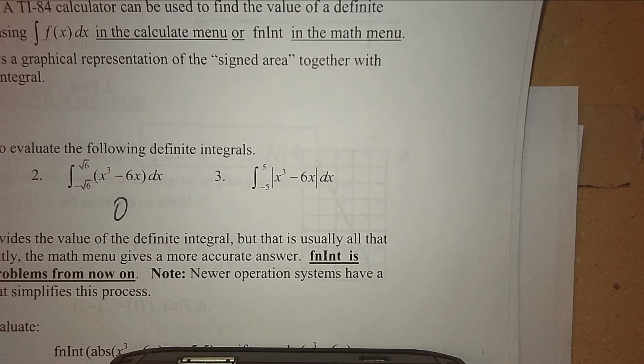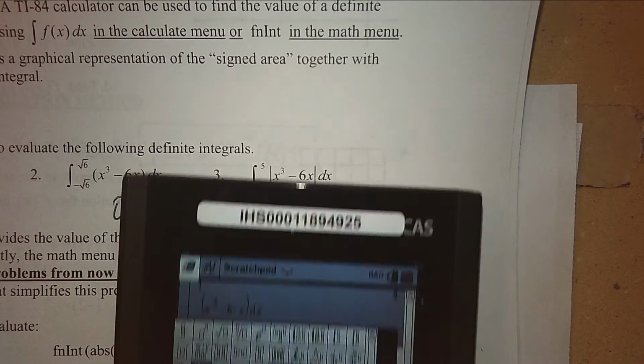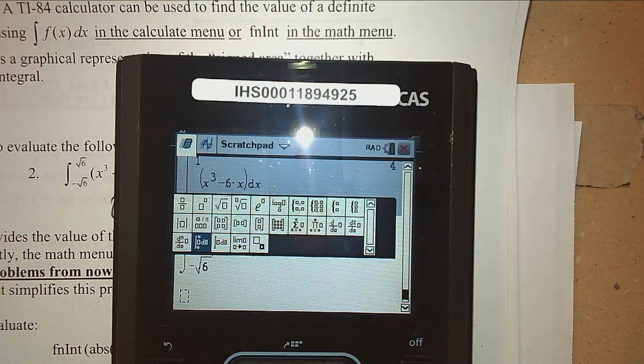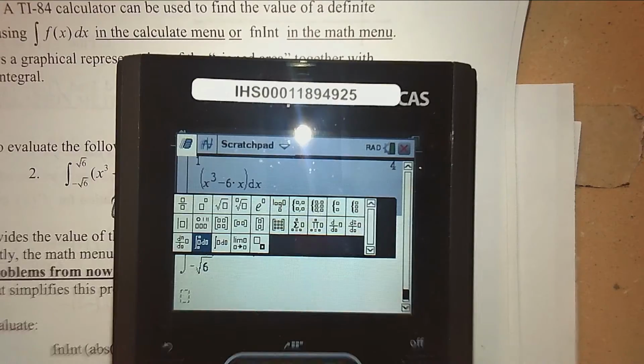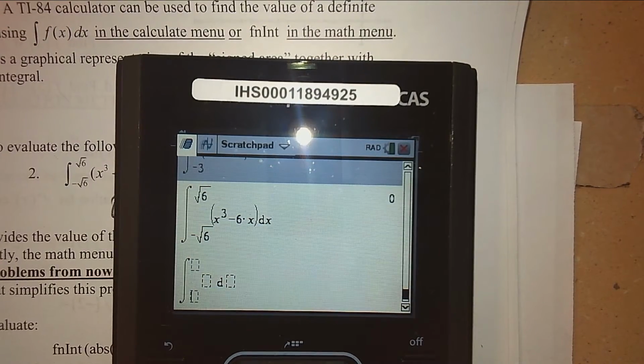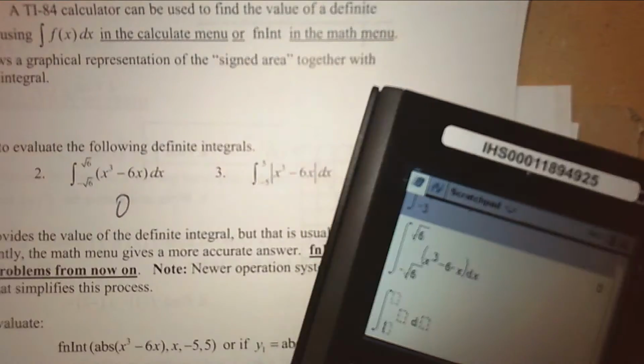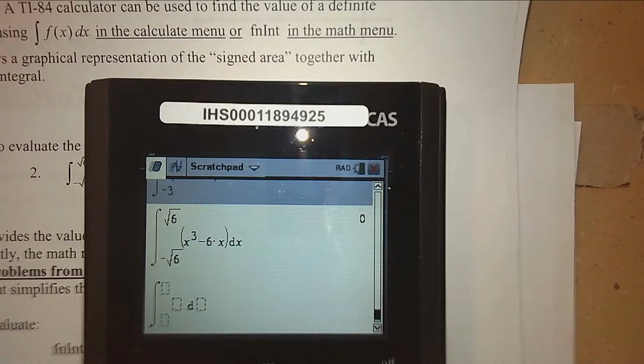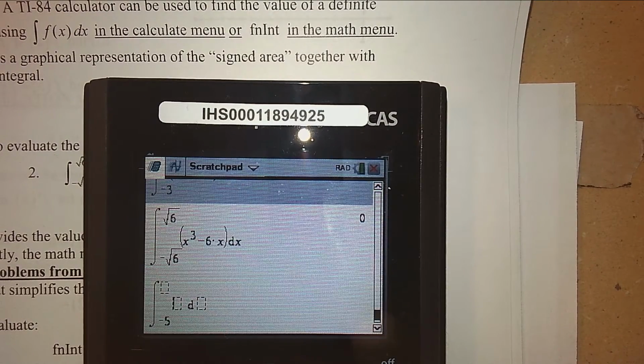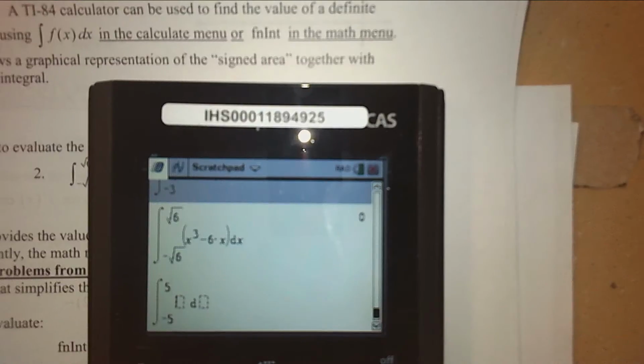All right, so I'm going to press that button. I'm going to go to integration. My upper and lower bound again is -5 to -5. Inside is the absolute value.